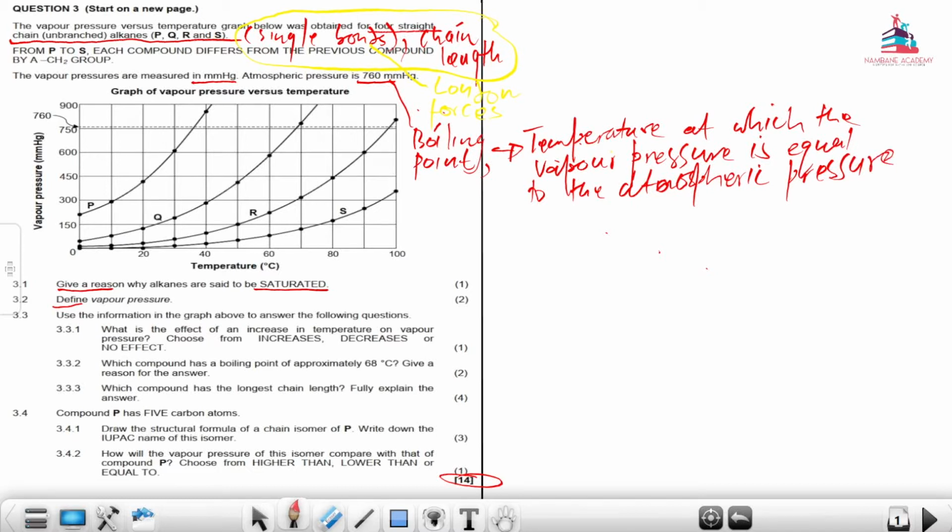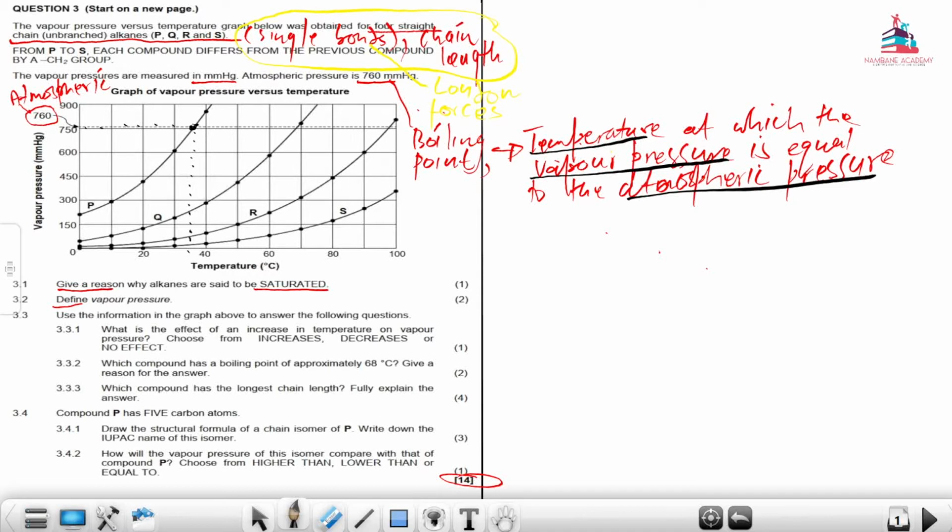Now, with this being said, if this is my atmospheric pressure here, then the temperature that corresponds with this atmospheric pressure will give me my boiling point. So if I want the boiling point of compound P, I am going to measure between compound P and the temperature.